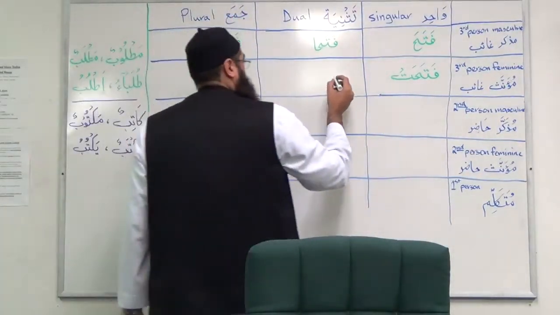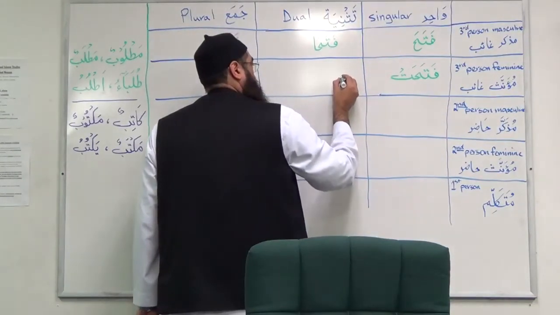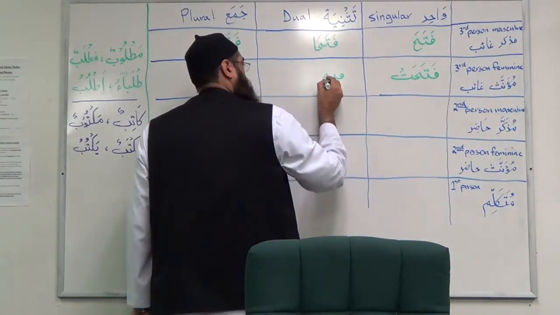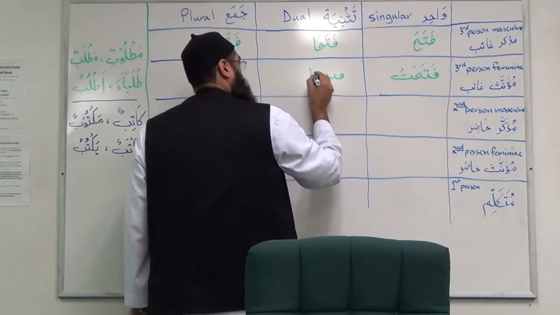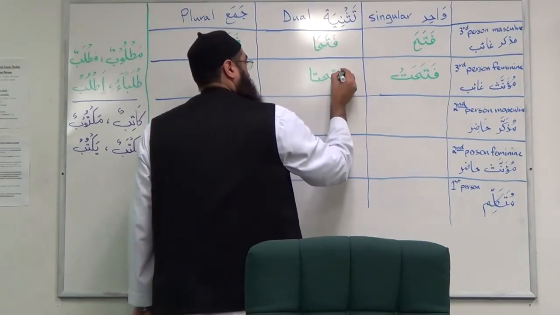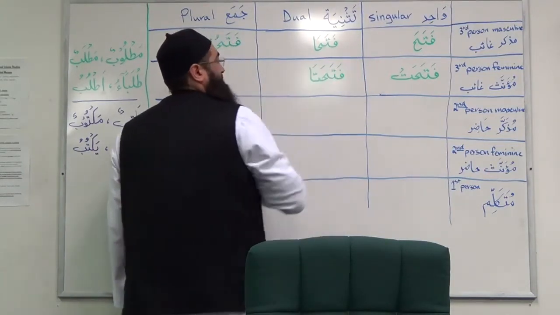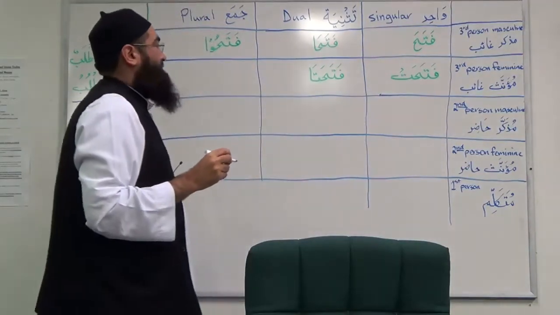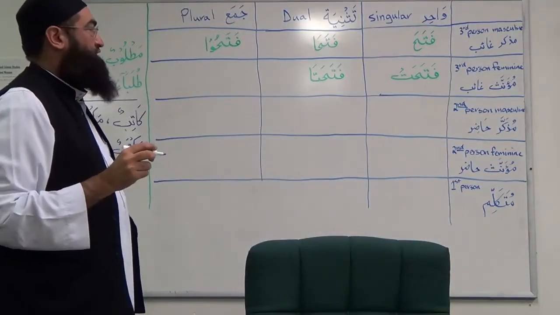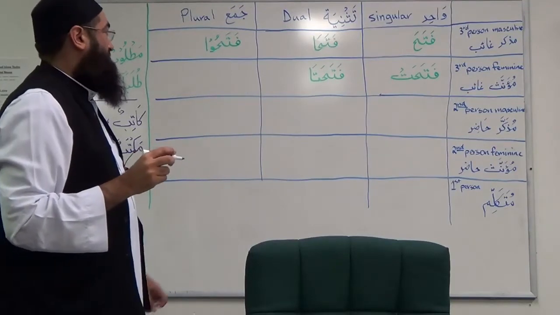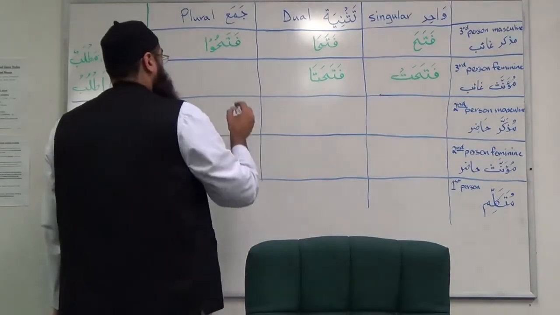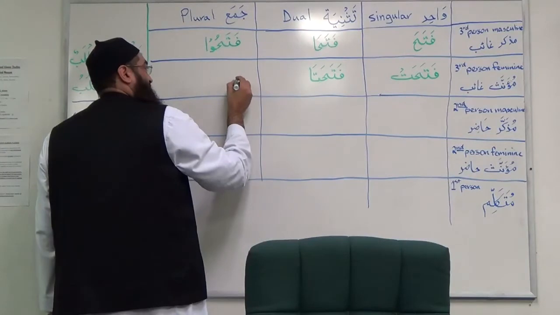Those two ladies opened the door. Fatahata. Okay? Those two ladies opened the door. And then all those ladies opened the door. What are we going to add?